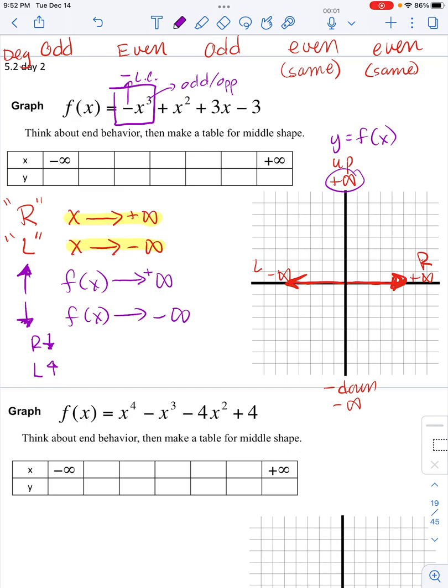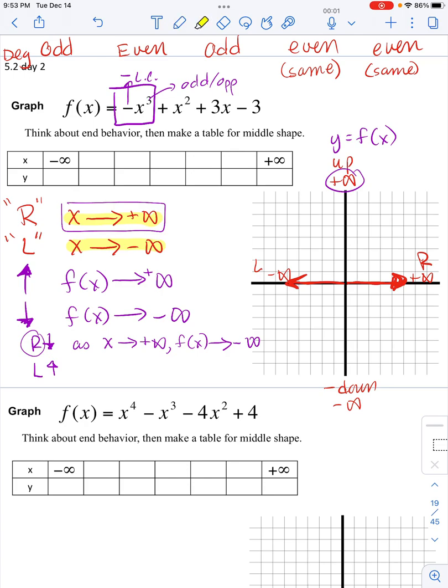Alrighty. The way you're going to be asked to write that or recognize it in fancy language, it might read as, and now this is the right end, so I go up here, as x goes towards positive infinity, which is just saying right, y, which is fancy writing f of x, goes towards, and now since it's going down, negative infinity.